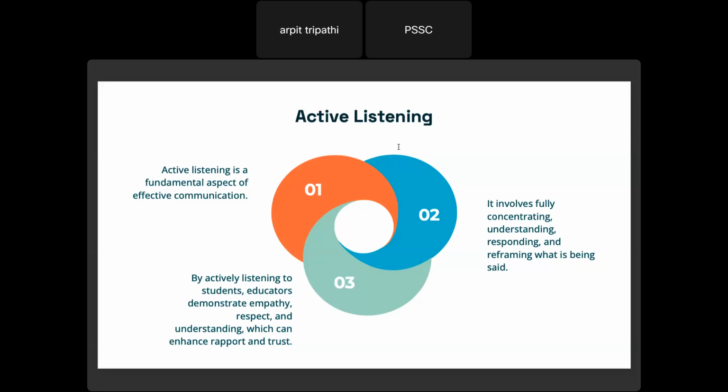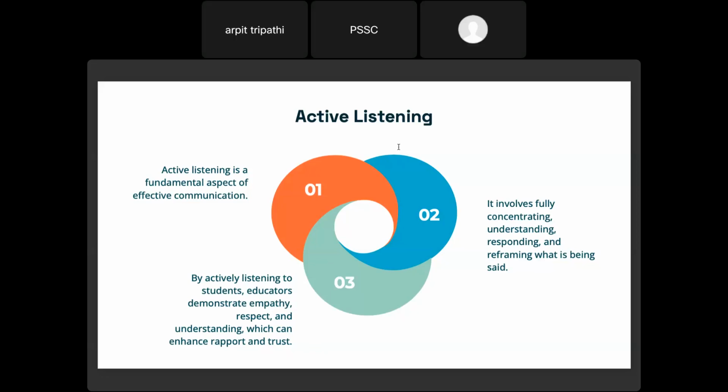What is another benefit of clear and concise language? Of course, improved retention. When you use concise language, it helps students focus on the key points and main ideas, enhancing their ability to retain and recall information.